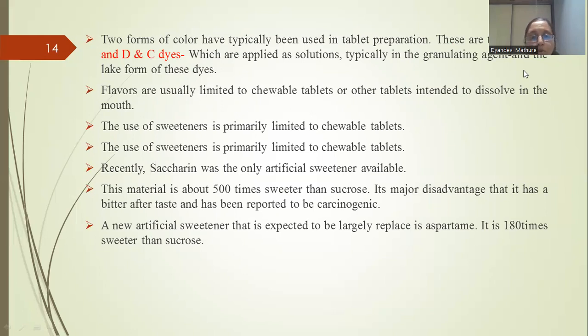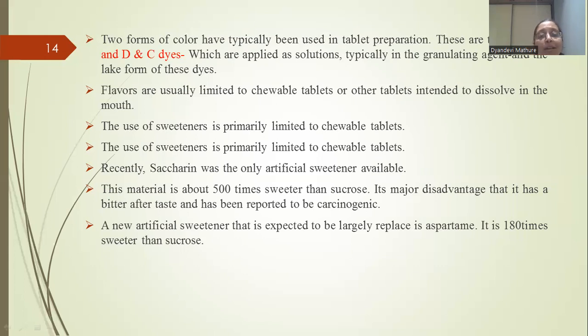So there are two types of coloring agent: dyes and lakes. Dyes are water soluble, whereas lakes are water insoluble. According to the solubility of your drug, we need to choose the coloring agent. If your drug is hydrophobic, go for a lake. If your drug is hydrophilic, go for a dye.